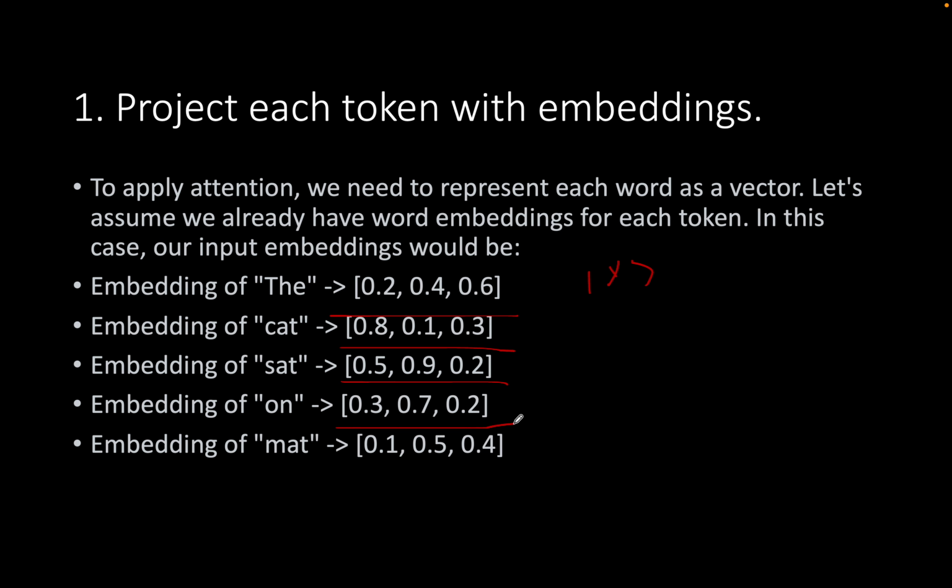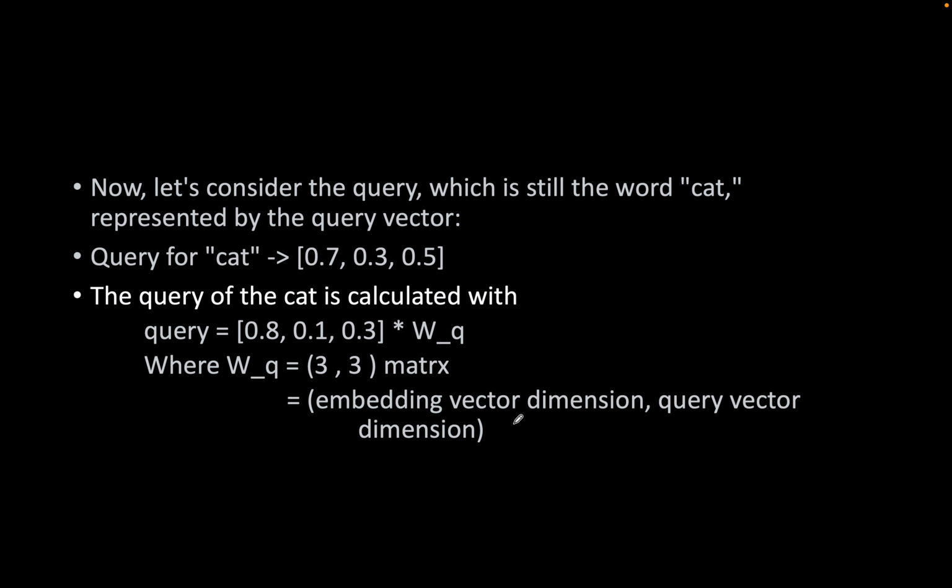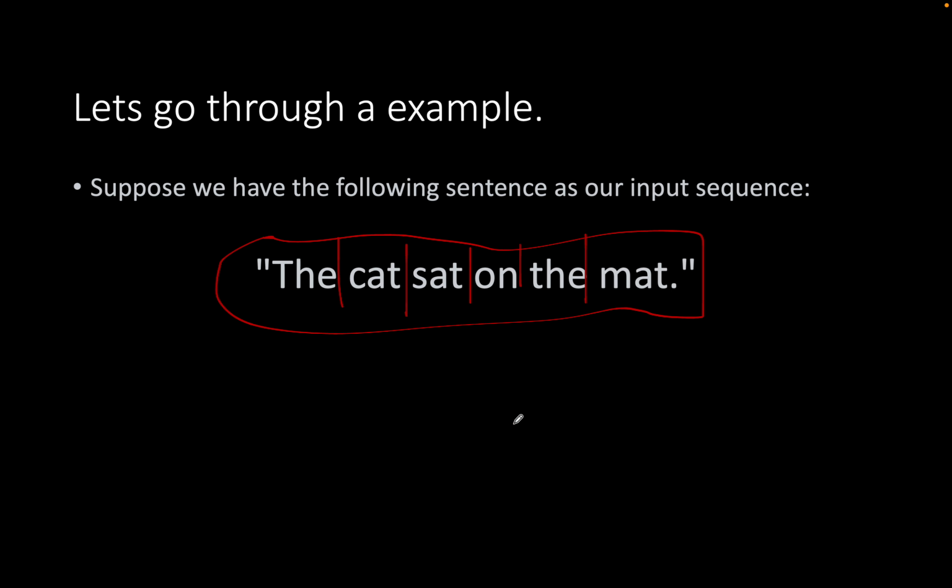The second step is to consider a query. In this case I have taken the cat as a query, and what I need to do is calculate which other tokens are more dependent on or more related to the token cat.